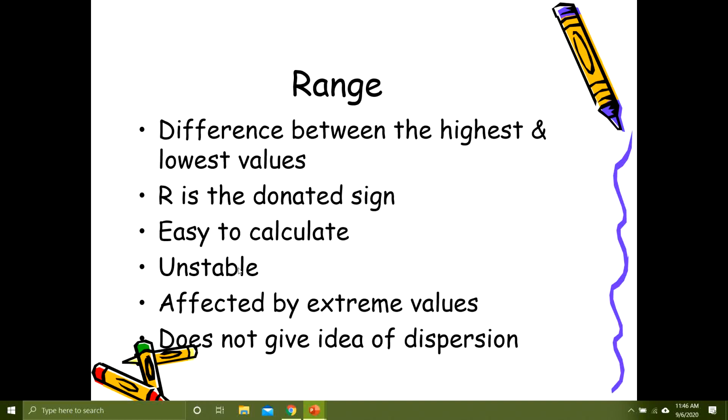It is unstable because it depends upon the values present in the sample, and it is extremely affected by extreme values. If it is a skewed distribution, the range will be high. If the distribution is around the mean and central, then the range will be low. It does not give us a clear picture about the dispersion, so we want to calculate other measures of dispersion even after knowing the range of the data set.